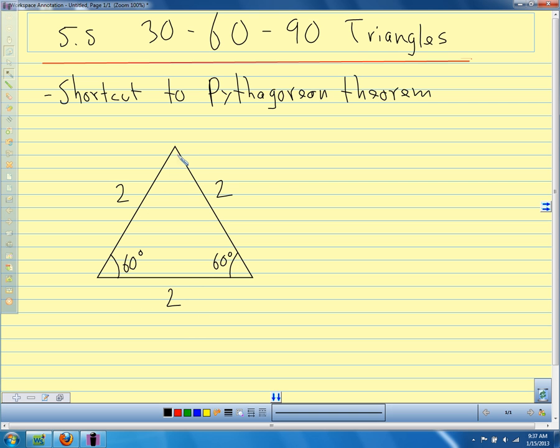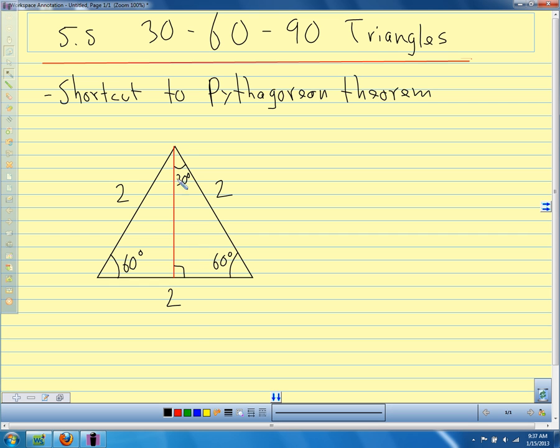And I'm leaving this one alone for now, because what we're going to do next is, like we did with our square, draw this right down here and make a 90-degree angle with the base. Well, if I make a 90-degree angle with the base, what does this red segment do to this 60-degree angle up here at the top? Cuts it in half. So that's a 30-degree angle.